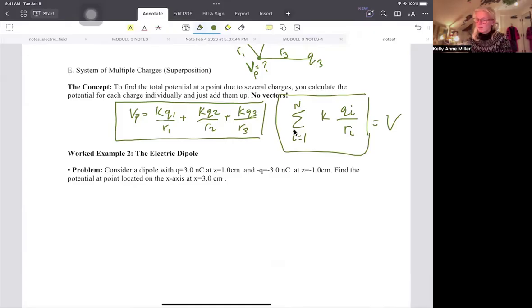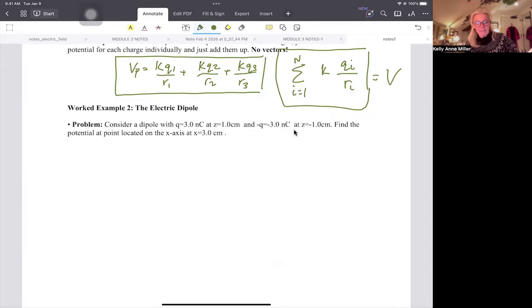Okay, so let's talk about this example with the electric dipole. Let's say I have a positive Q of 3 nanocoulombs, some distance above the x-axis, like 1 centimeter.